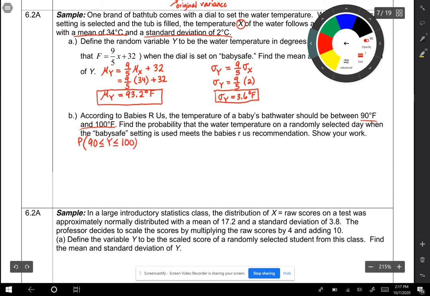And because we know this is a normal distribution, it tells us in the problem, we can use our normal CDF. We have 4 prompts. We have a lower bound, upper bound, mean, and standard deviation. Our lower bound, and if we were to draw this, our lower bound would be 90.